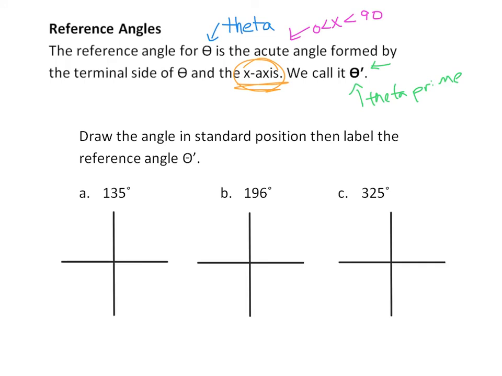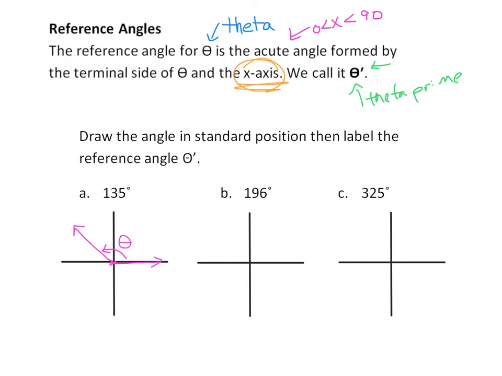Okay, we'll start by creating the original angle. Again, point on the origin, initial side on the x-axis, 135 degrees is halfway in between 90 and 180. So here's my original angle, and again, that angle would be called theta.